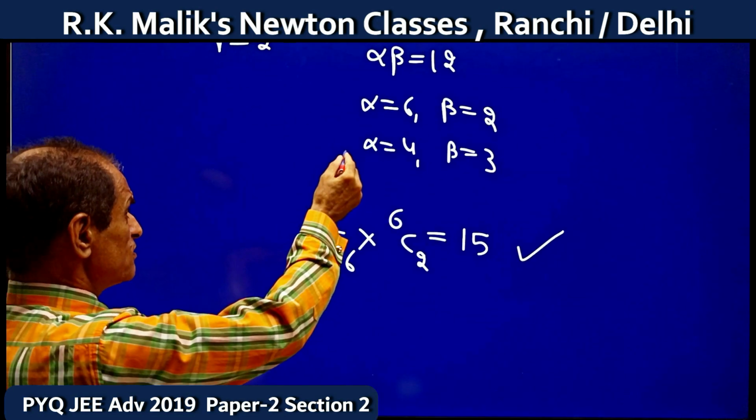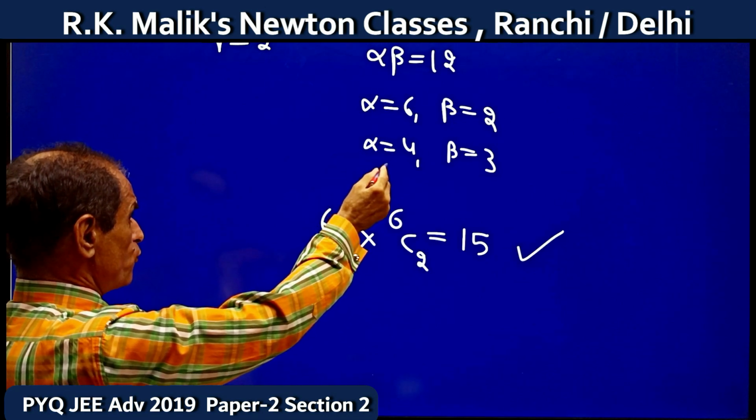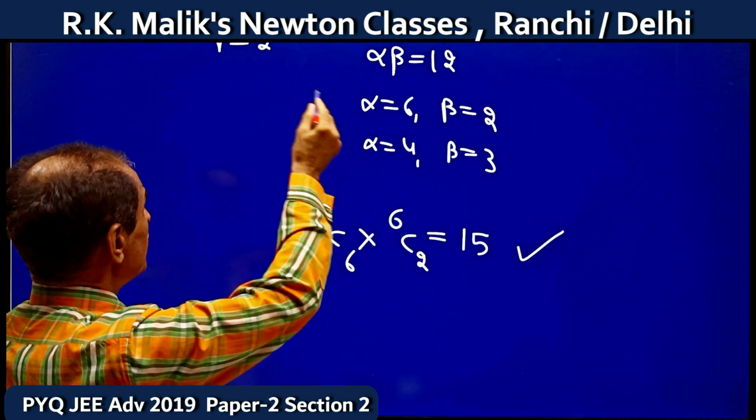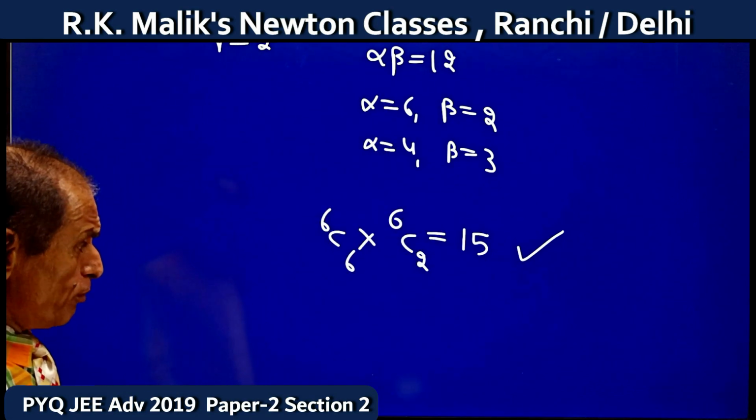In this case, the set A should contain 4 elements, the set B should contain 3 elements, and 2 elements must be common.